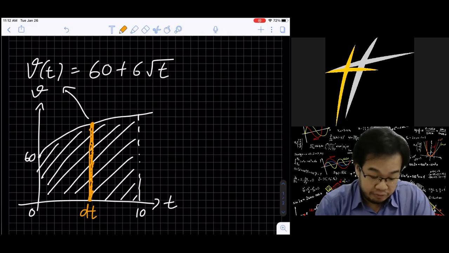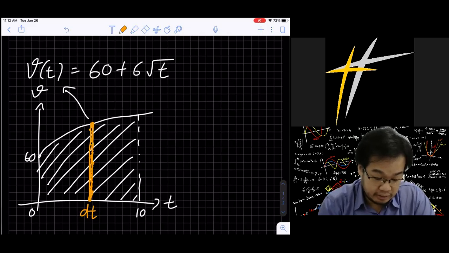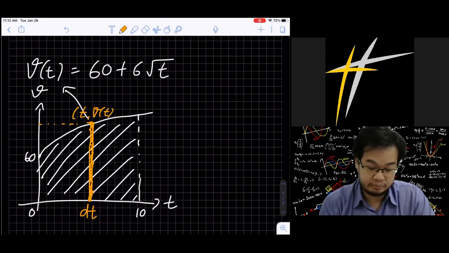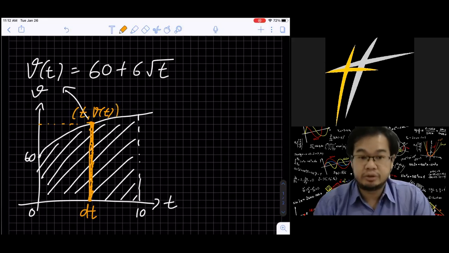And of course the height: let's say that this is a point t, then the height will be v of t. It's confusing a bit, but it's okay. So the height is the value of v itself.